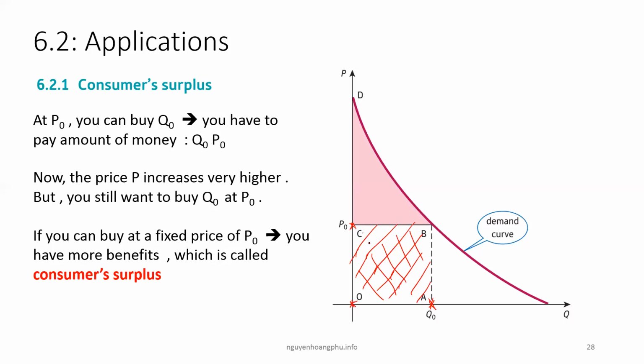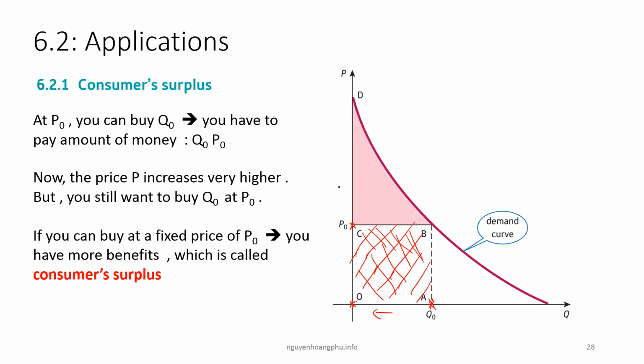Right. So this is what you get. Right? When you buy at Q0, you have to pay at P0. So they are saying, okay, if the price is going up, normally the quantity you are going to buy will reduce, right?